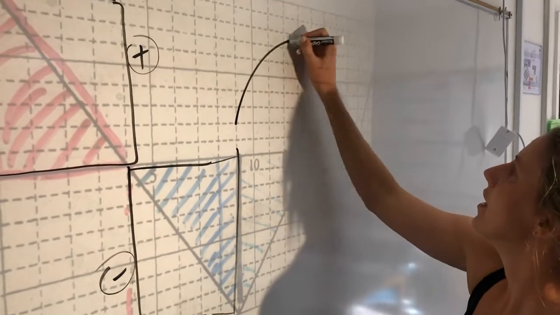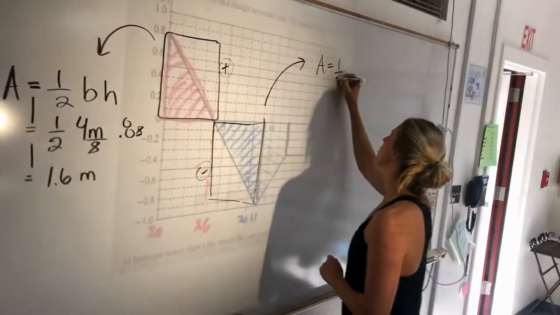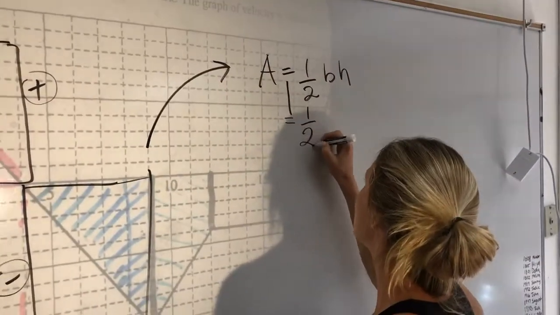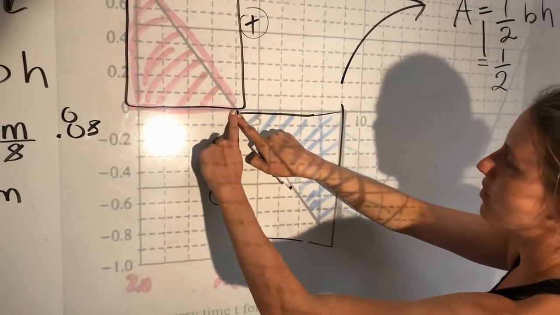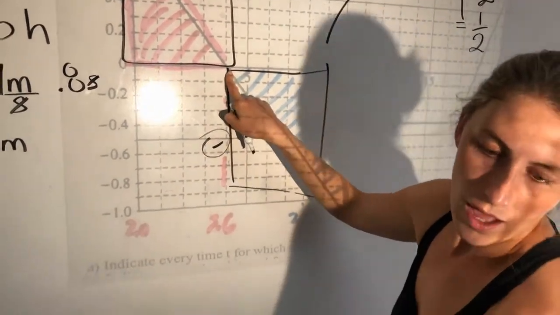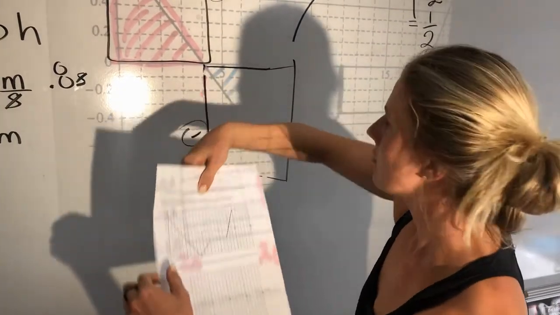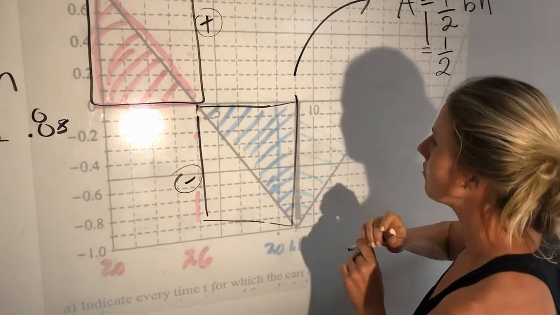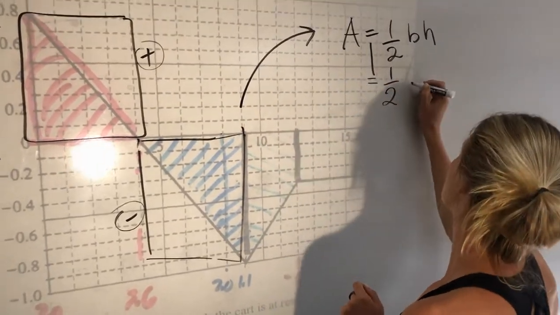So we'll say area equals 1/2 base times height. So area is 1/2, my base here, so this is 1, 2, 3, 4 seconds, and we want when time goes to 9 seconds. So 5, 6, 7, 8, 9, that's right here. Okay, so this is going to be 1, 2, 3, 4, 5 seconds.